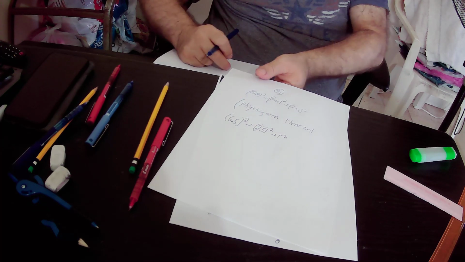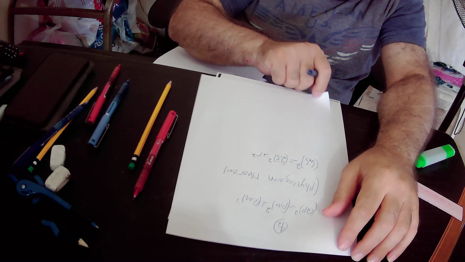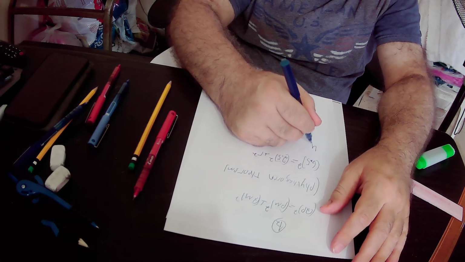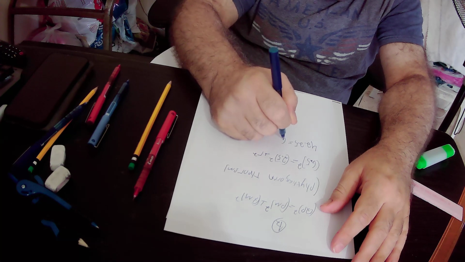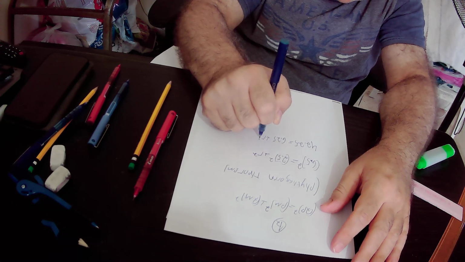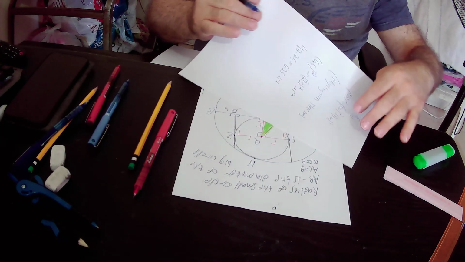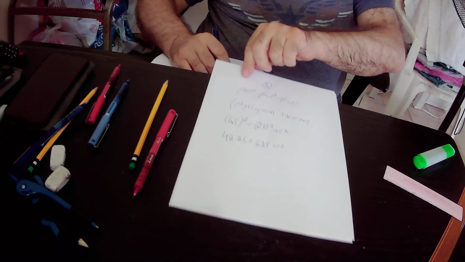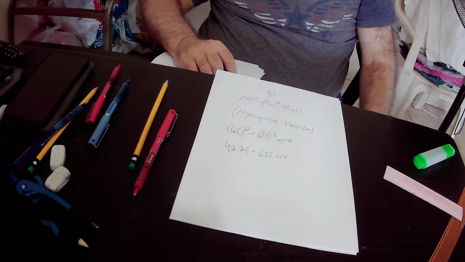So I write it down. Okay, so we got that 42.25 equals 6.25 plus r square.